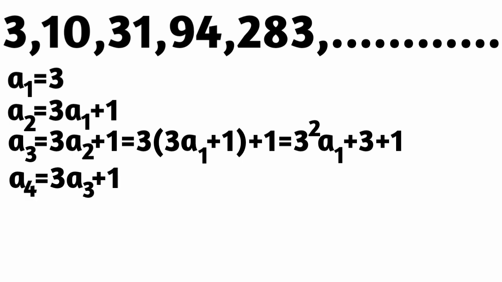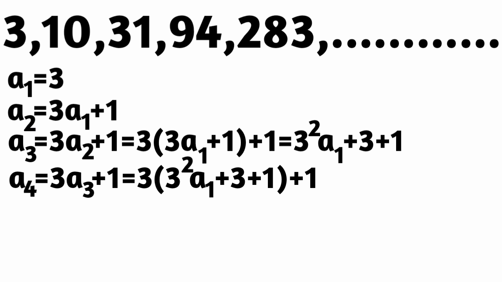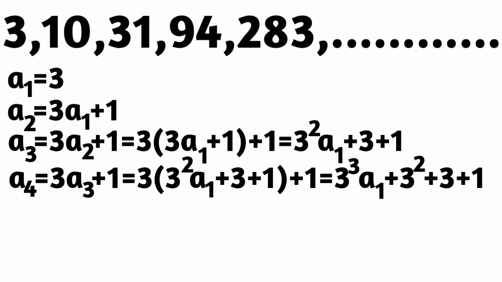In the same way the value of a4 is written as 3a3 plus 1, where a3 is the third term of the given series. Again by putting the value of a3 we get 3 into (3 square a1 plus 3 plus 1) plus 1, which will be simplified as 3 power 3 a1 plus 3 square plus 3 plus 1. We will not add the last 3 numbers.